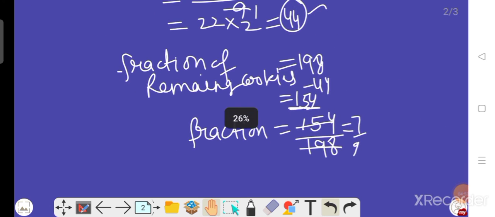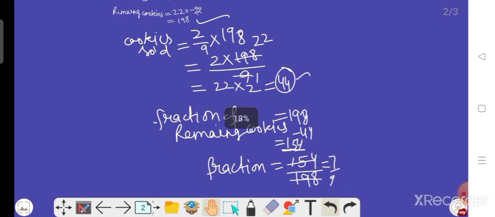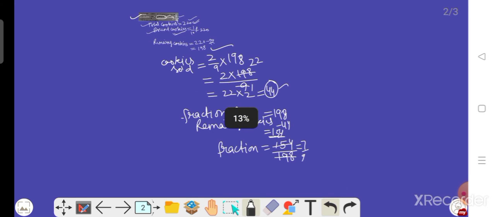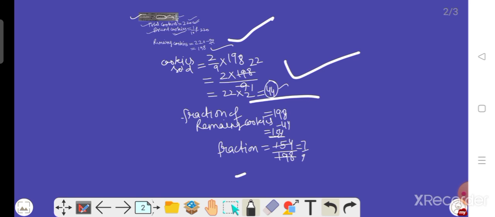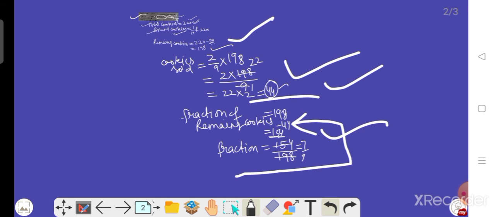So this is the solution of your question number 7th. Firstly, you have to find the remaining cookies by subtracting burnt cookies from the total cookies, and after that you have to find the number of cookies sold by Rajat, that is equal to 44, and after that you have to find the cookies that Rajat has left after selling 44 cookies, that is 154, and at the last you have to find the fraction, and the fraction is equal to 154 by 198.